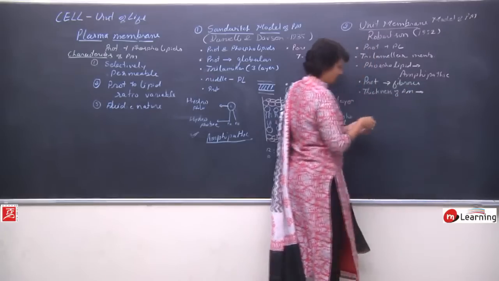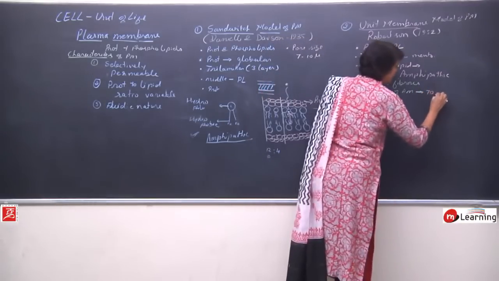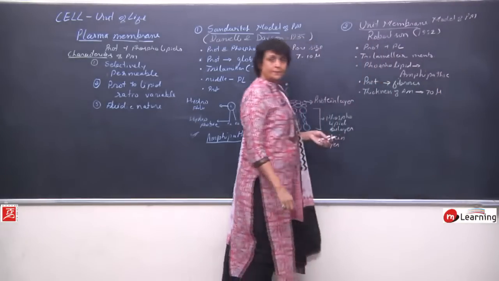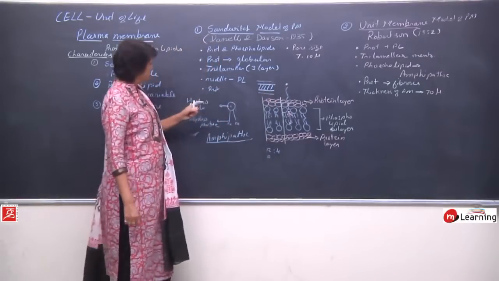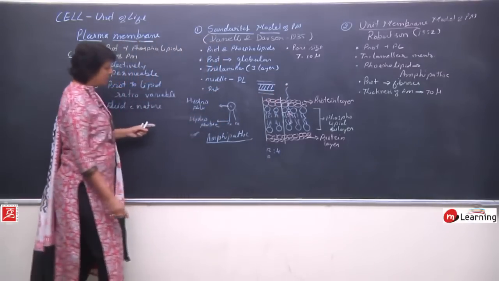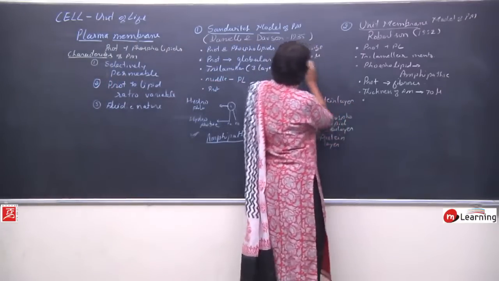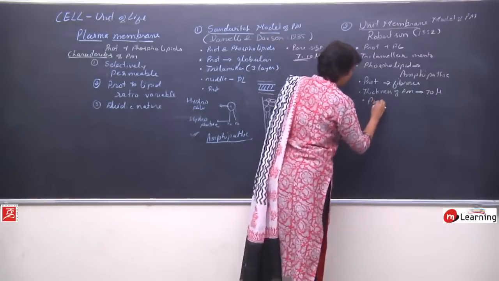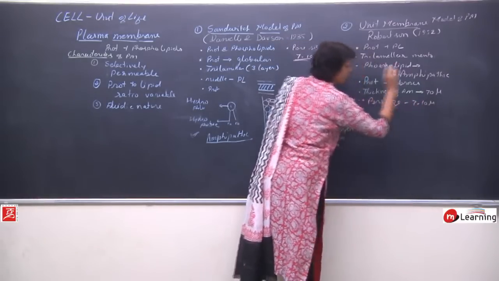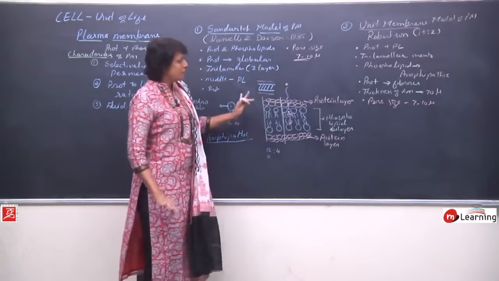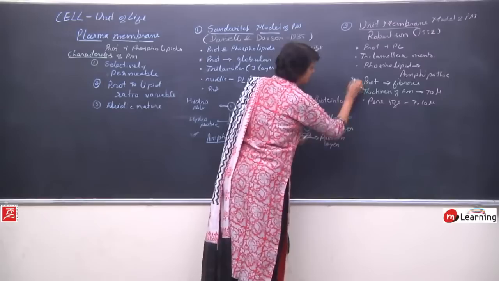The thickness of plasma membrane was given to be 70 microns approximately. The pore size is same here, 7 to 10 microns. So every information was pretty much same except for this one.